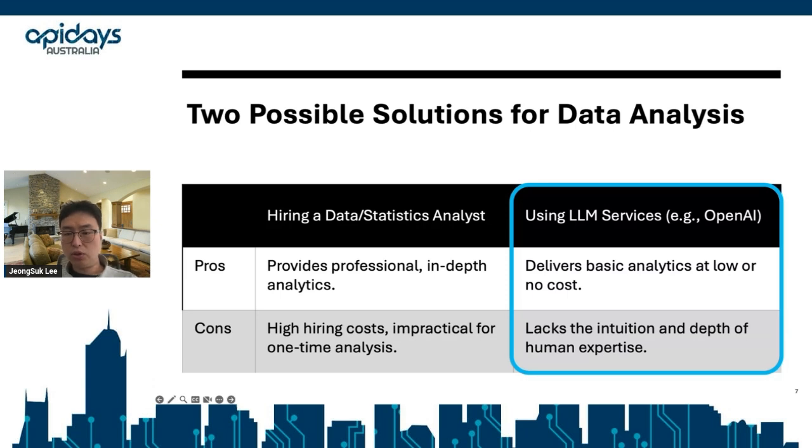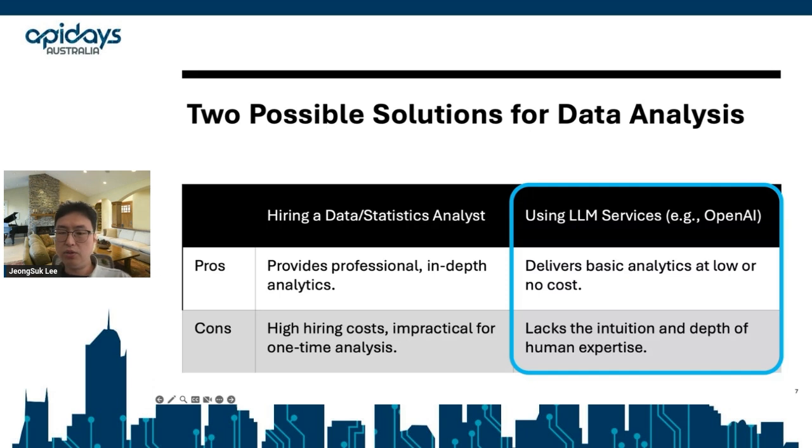Of course, those two solutions have clear benefits and limitations. Analysts usually provide professional insights, but there are not that many analytics tasks in DevOps teams, so it is impractical to hire one just to cover DevOps metrics. Also, it needs high hiring and maintaining costs to keep this human resource.